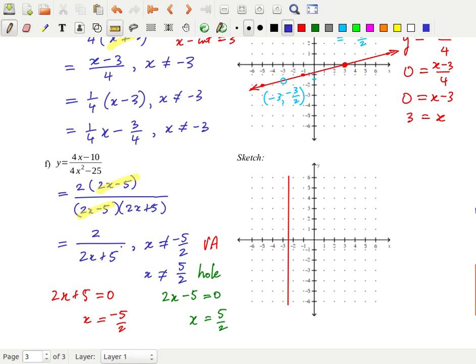So let me take that form y equals, you know what? I'm just going to make myself some room under here by erasing this work. Okay.